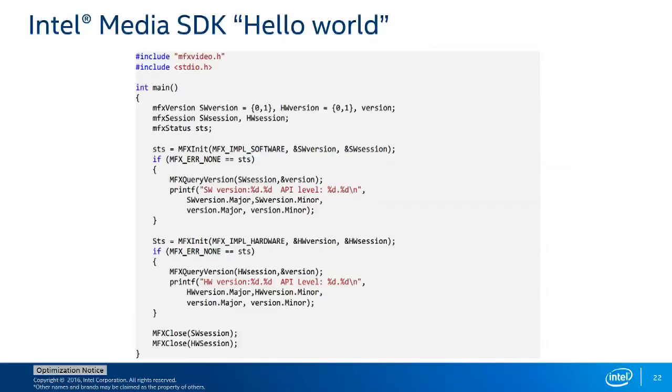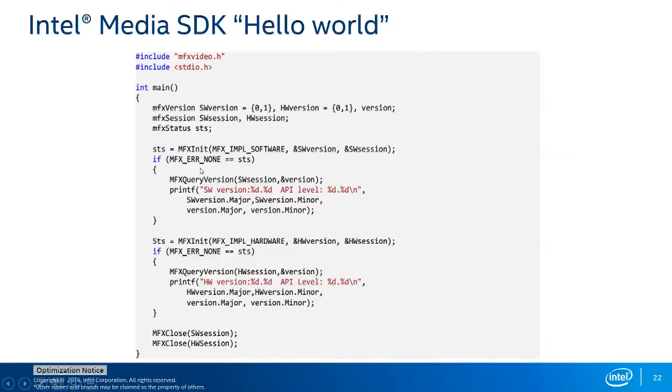A quick introduction to how this would start. This shows some of the important aspects of Media SDK programming. You initialize a session. Basically, every Media SDK operation outputs a status. You're usually looking for MFX_ERR_NONE.